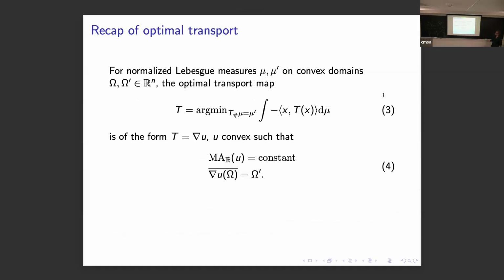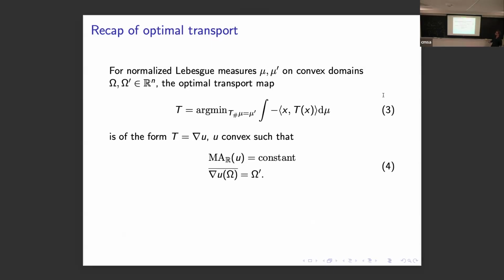One simple and nice setup is normalized Lebesgue measures on some convex domains, where you try to find an optimal transport map. The constraint is that it should take the first measure to the second one, and you should minimize this type of cost, the integrated cost of transporting U to U prime with this map.